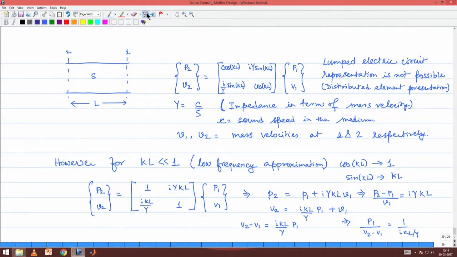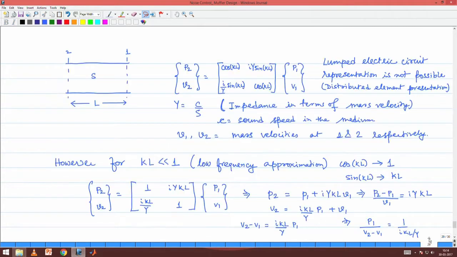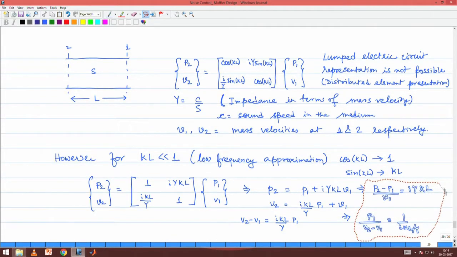So, let us take these two equations for further analysis. So, these are the two equations which I will grab.